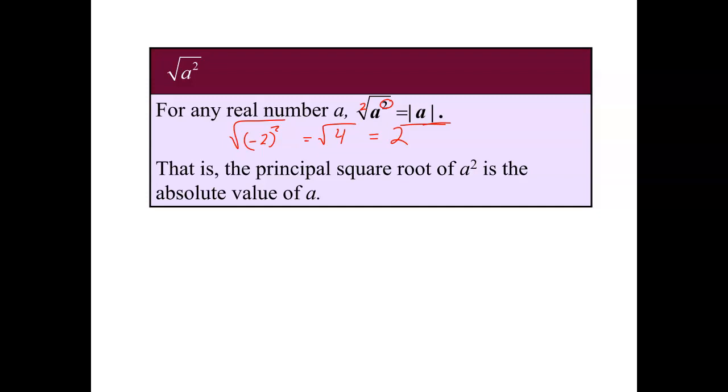But we also know that these are inverses, and inverses undo each other. And so a lot of times we want to skip this whole process and just cancel. But the problem is my answer is not negative 2. So if we do that elimination, we have to put it in absolute value and then continue to simplify if we can. All right?